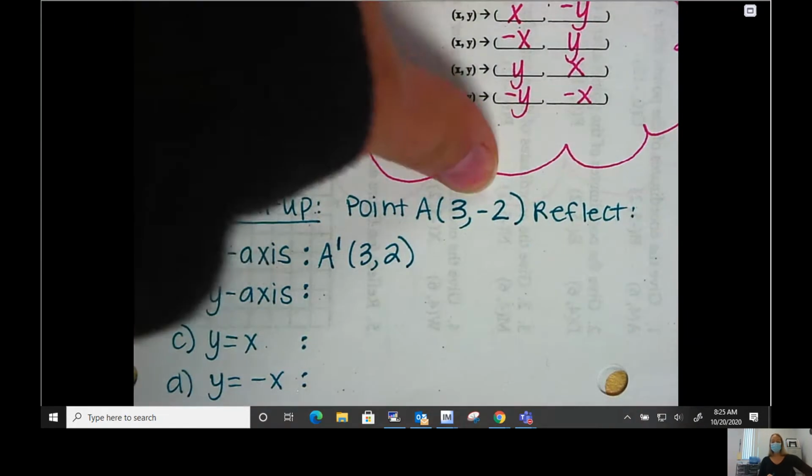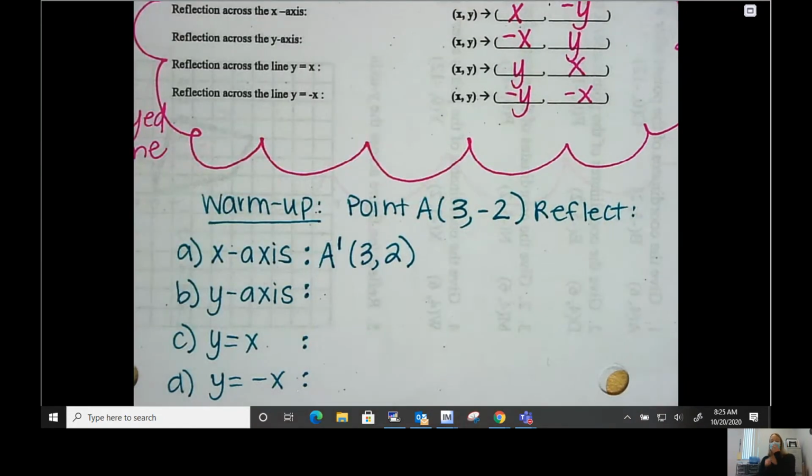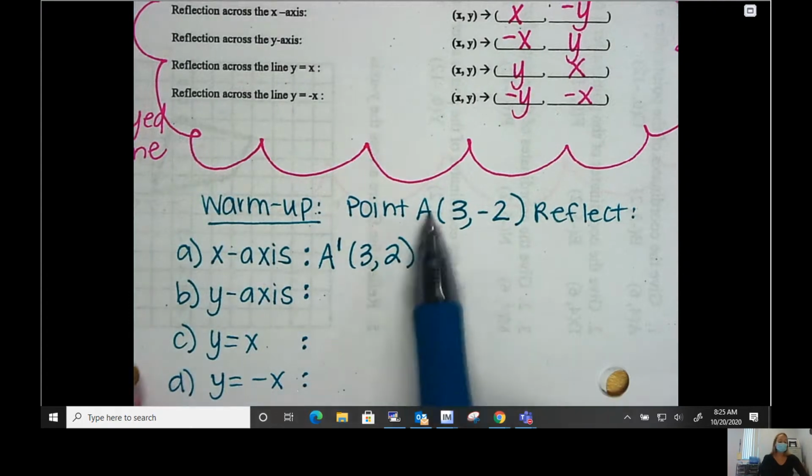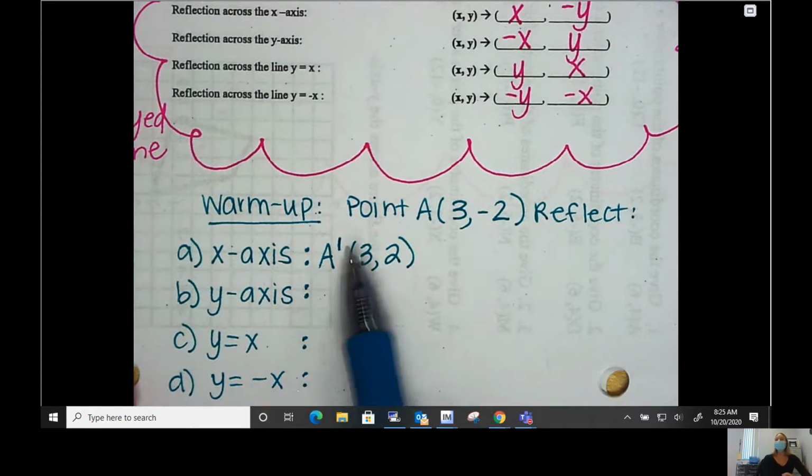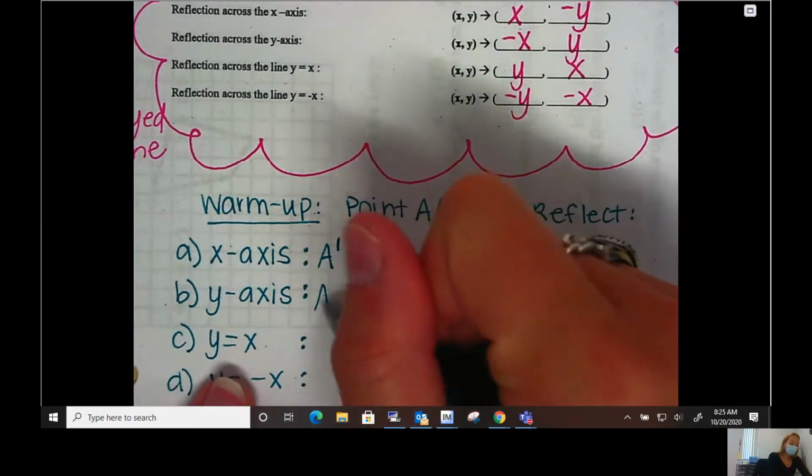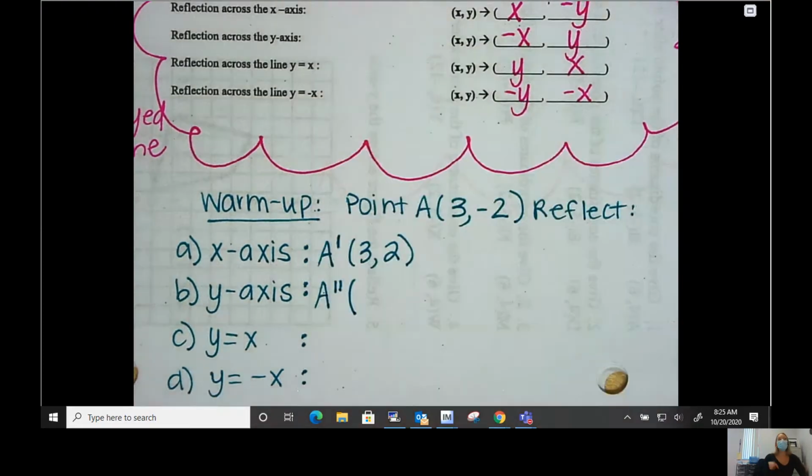All right. Next is to take that, go back to the original point and reflect it across the y-axis. Now we're doing another type of reflection. So since we have another reflection, I can't call it point A and I can't call it A prime. I'm going to call it A double prime, which means you've done another transformation to it. You've done another reflection.